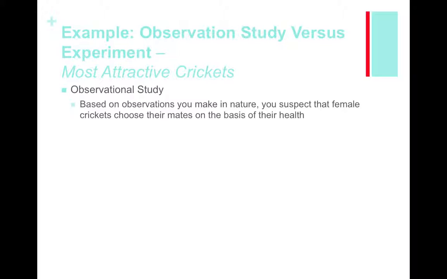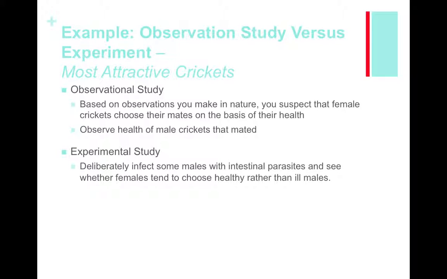An observational study would look like scientists basing their observations made in nature, if they suspect that female crickets choose their mates on the basis of their health. They're going to observe the health of male crickets that mated. An experimental study would deliberately infect some males with intestinal parasites and see whether females tend to choose healthier over the ill male crickets.